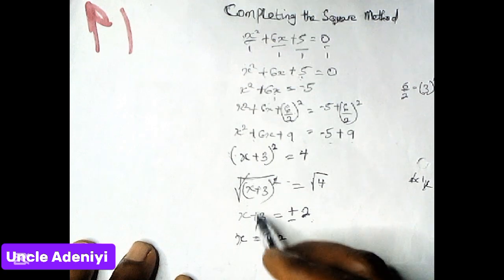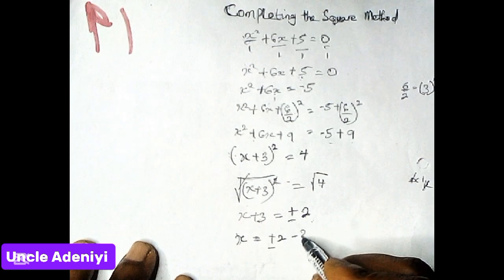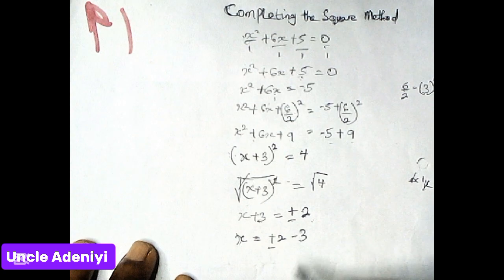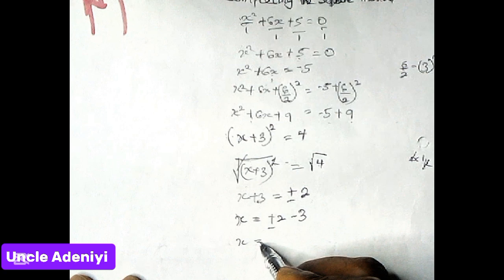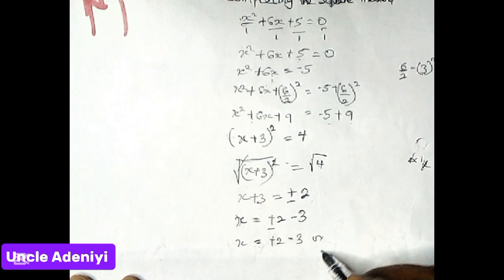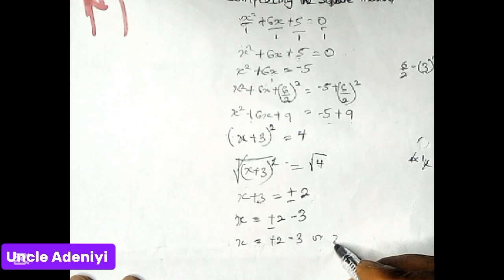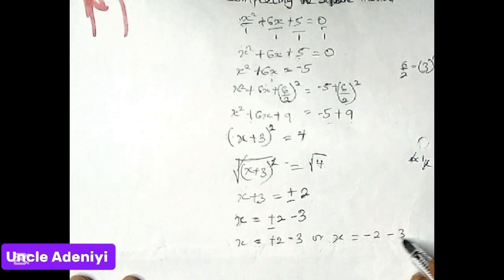This plus 3 goes to the other side and turns to minus 3. So x equals plus 2 minus 3, or x equals minus 2 minus 3.